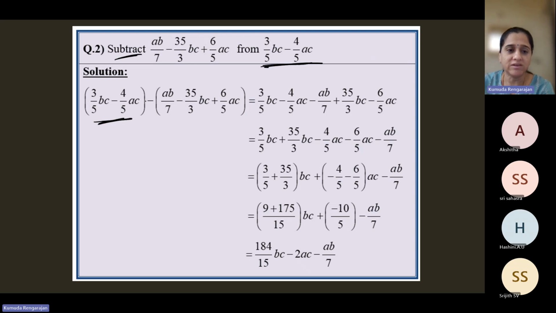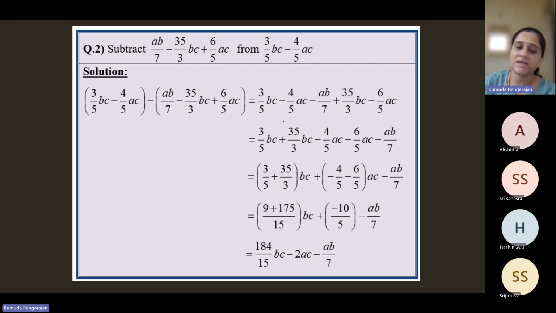And because it is subtract, you must write the 2 expressions in brackets, and connect the brackets with the minus sign. Correct? Okay. After 'from', this expression first and then this expression in brackets connected with the minus sign.